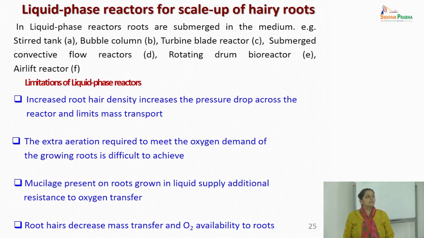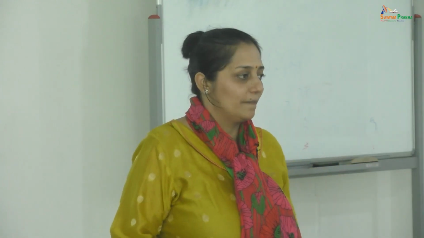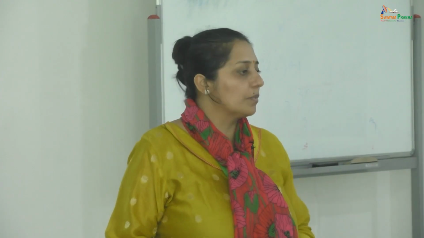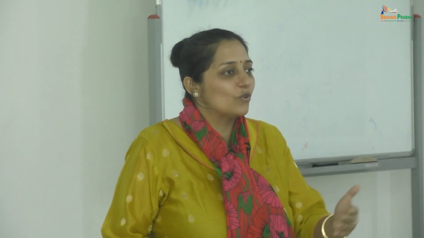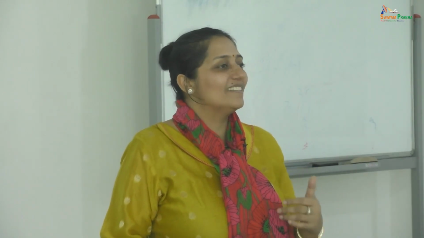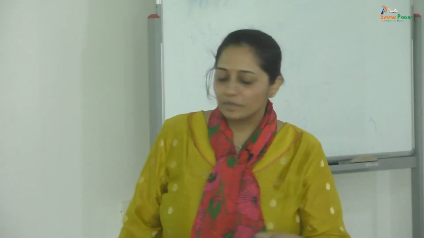Because these are hairy roots, you'll observe how they are different from normal roots in various ways. They are plagiotropic, not geotropic, and they show a large amount of small root hairs on their branches, more than what you can see in normal root systems. So now every such root hair is also adding to the mass transfer limitation.